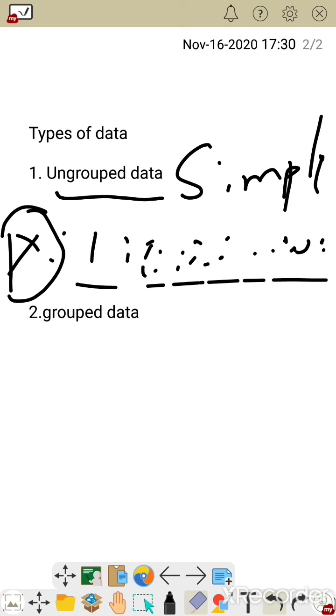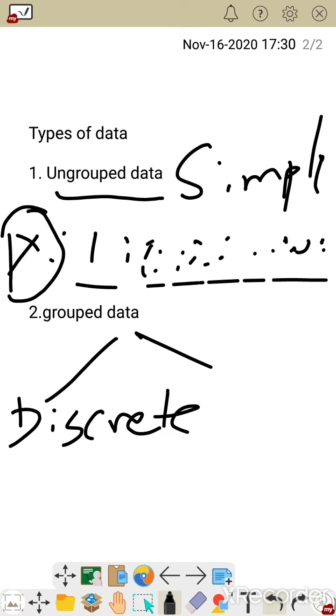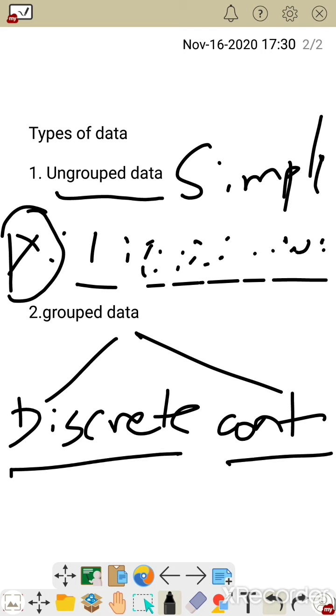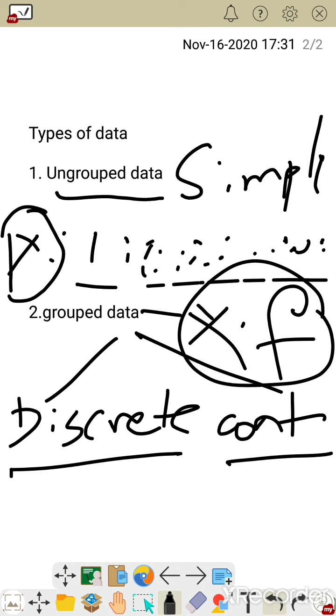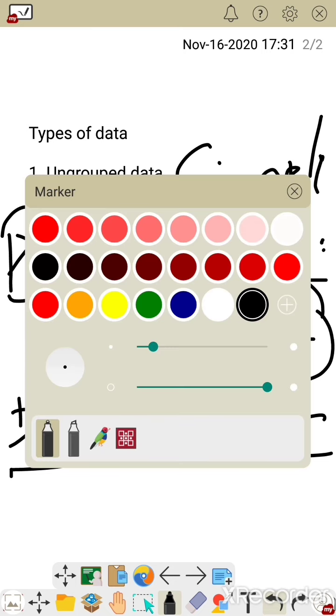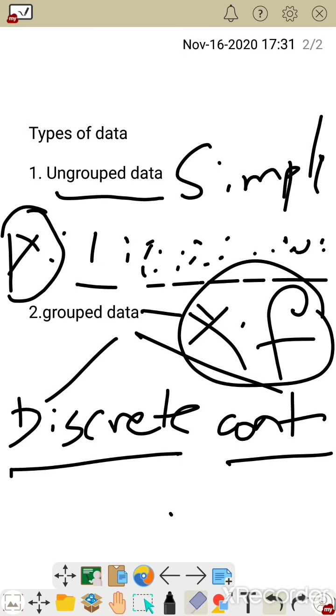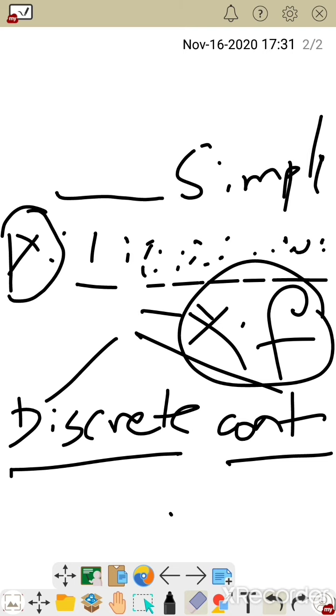But in grouped data, there are two kinds of grouped data: one is discrete data and another one is continuous data. Grouped data involves x as well as f, where f means frequency.